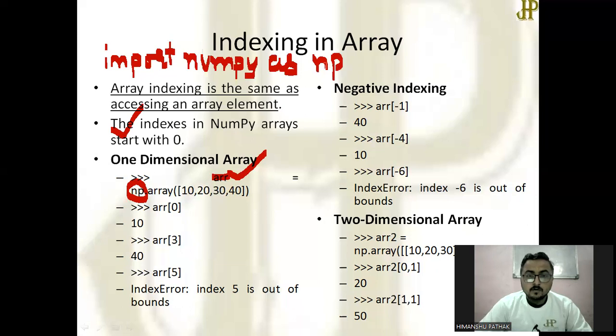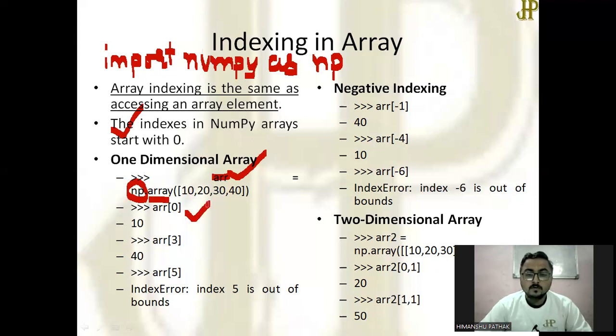So now NP is treated as NumPy. With the help of NP, we can use a function that is array, through which we can create a one-dimensional array.